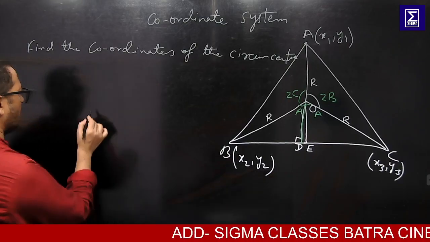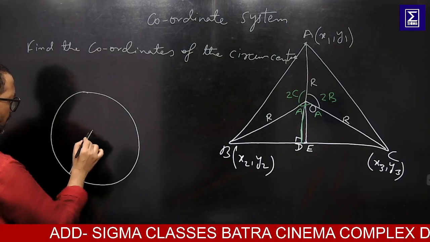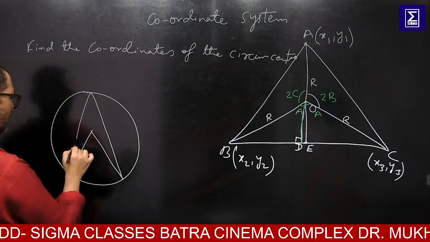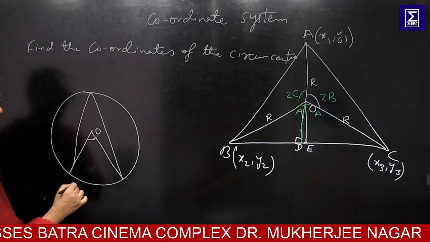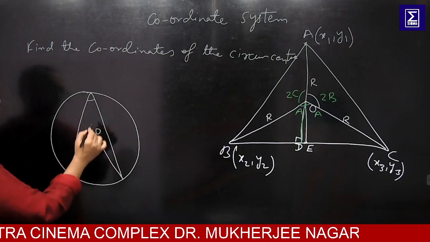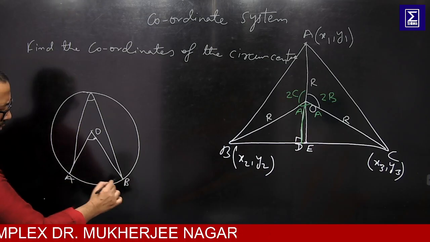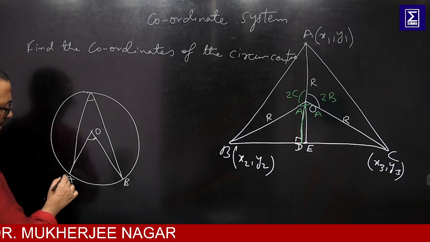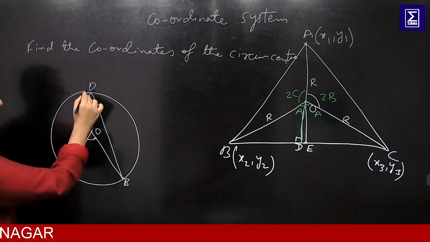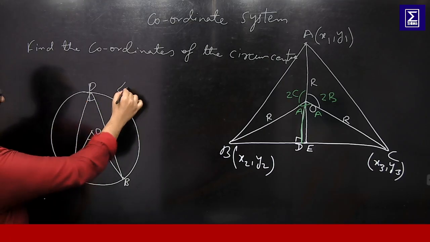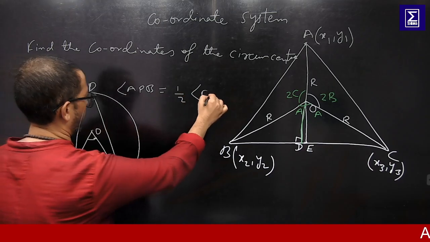This is a circle. This is the center. So the angle made at the center is 2 times the angle made at the circumference taking the same arc. Let's say A and B are two points on the circle, and if you draw an angle APB, then angle APB is half of angle AOB.